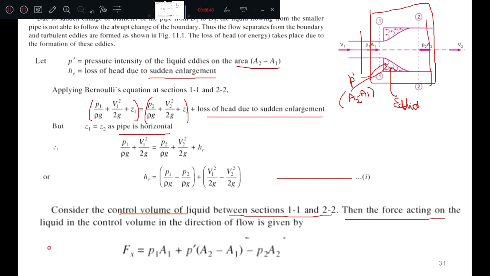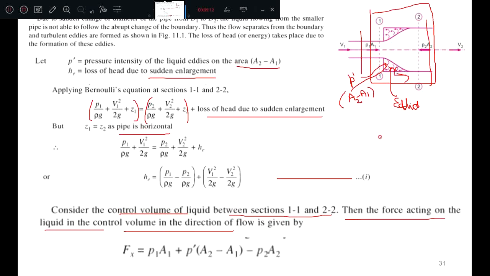Then the force acting on the liquid in the control volume in the direction of flow is given by Fx, the net force acting along the direction of flow: P1A1, the pressure force at section 1, plus P dash, the intensity of pressure due to the eddies acting over an area of A2 minus A1, which is also acting along the direction of flow.